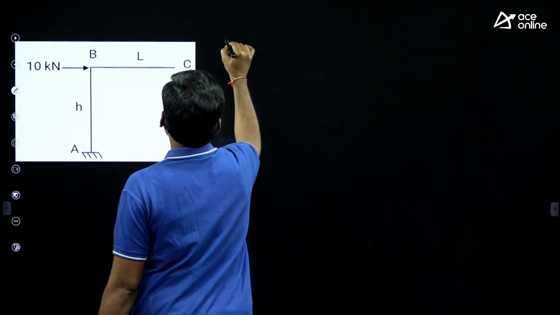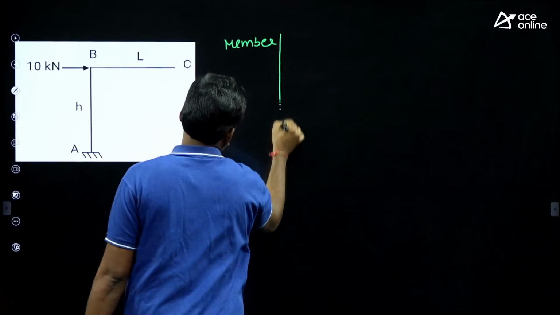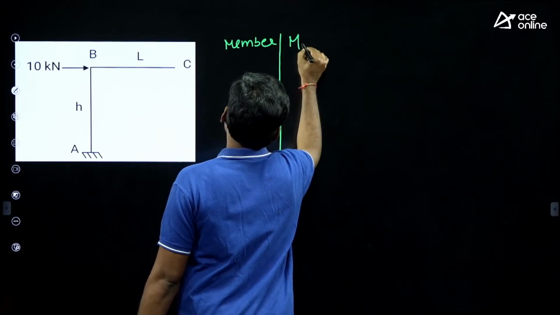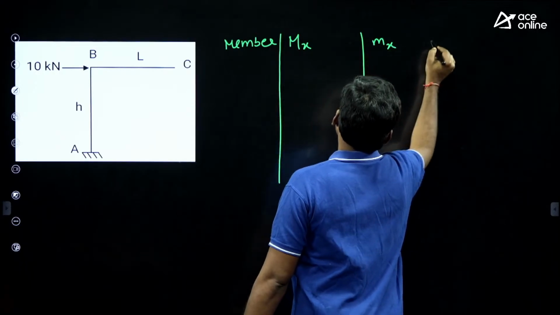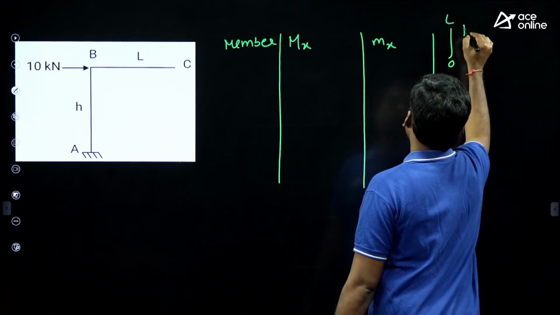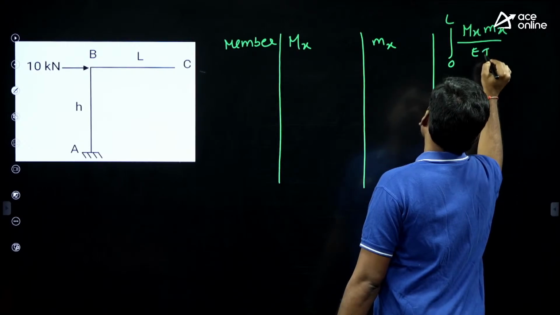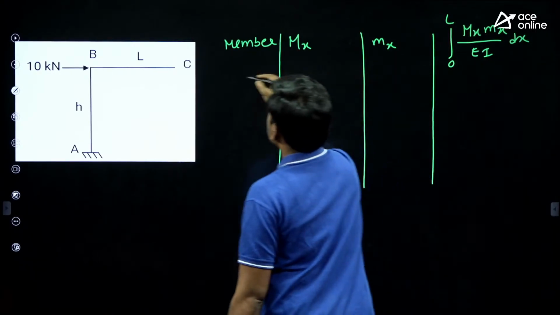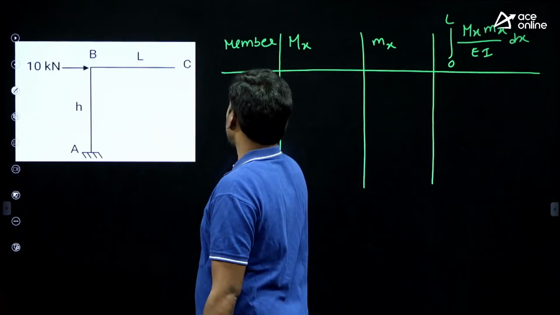First, member capital Mx, small mx, then integration from 0 to L of capital Mx small mx by EI dx. What members are there here?